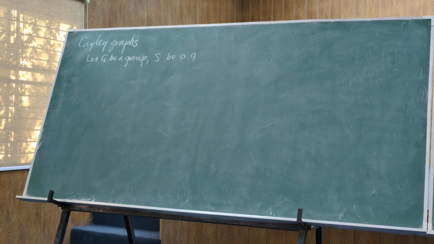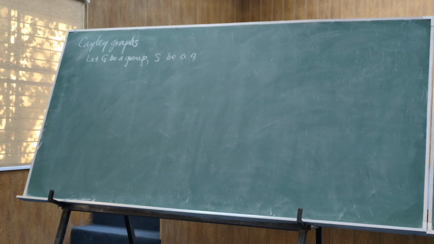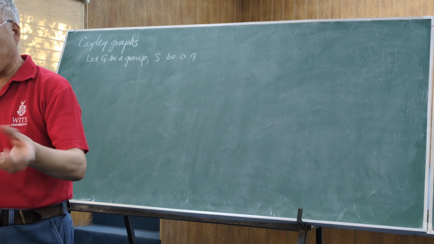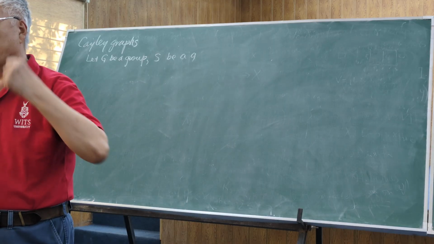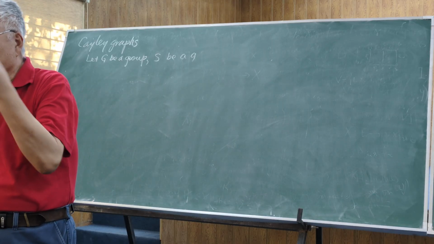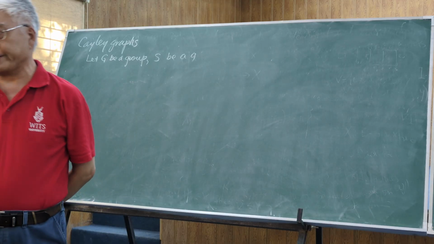If it is any group, even a finite group, is there a good algorithm to find the smallest generating set? If you work on this question, you can produce a paper. It's an algorithm question. Let me give you a finite group of 1024 elements. Give me an algorithm which quickly finds the minimum generating set.